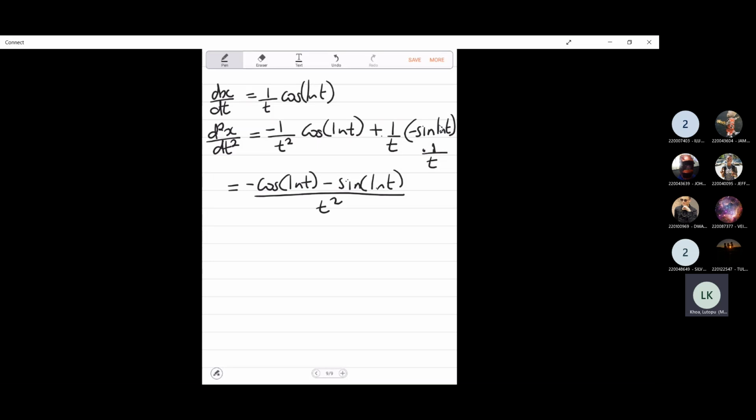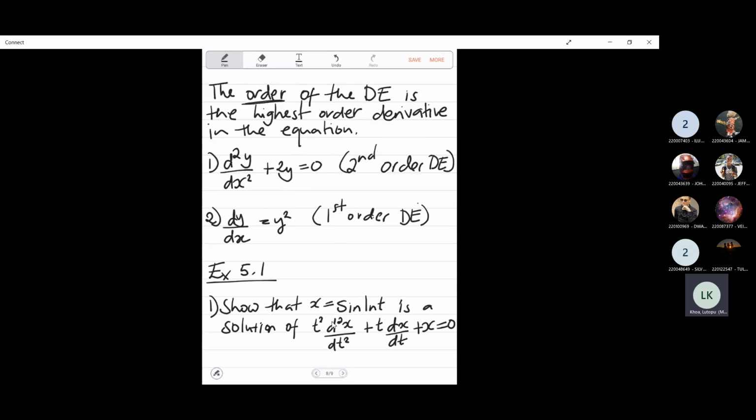Okay, so I have all the derivatives I need. Now it's just a matter of substituting them here. So it's t squared multiplied by the second derivative, t multiplied by the first derivative, add x, and then show that the answer is in fact equal to 0.